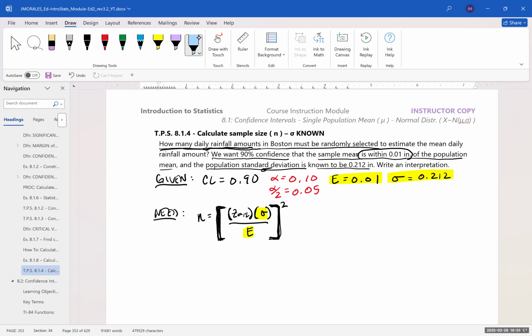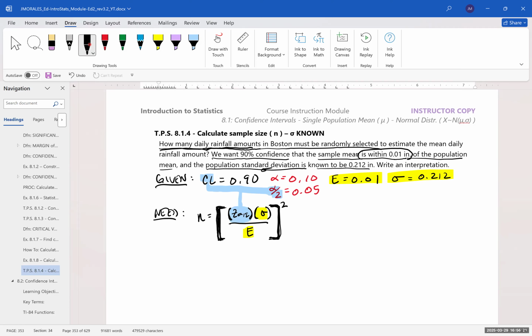So what remains to be figured out is this Z alpha over 2 score, which is a critical value between the confidence level and the significance level. So we can use these two together in order to give us that Z alpha over 2 score.